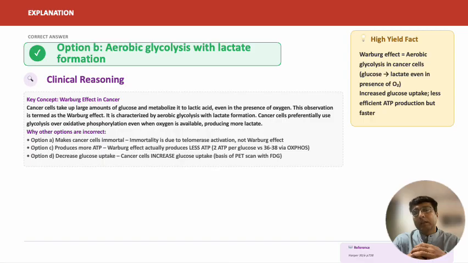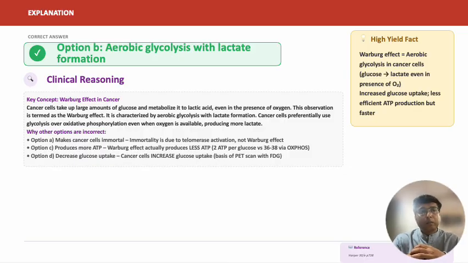Anaerobic glycolysis is a low ATP pathway, and it generates 2 ATP when compared with the normal aerobic pathway, from which we know that 38 ATP are generated, ultimately on an average 30 to 32. So option C also is the incorrect answer.